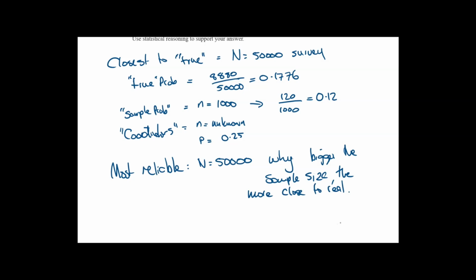Right? The least reliable would be the coordinators, because if anyone has bias, it's probably going to be them, so that's going to be an unrepresentative sample.